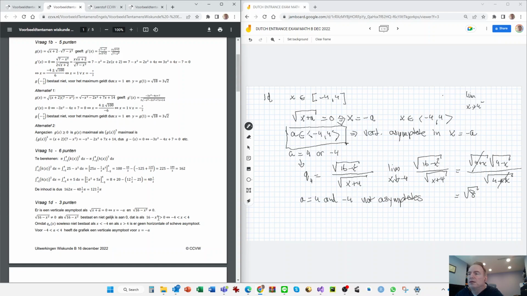In this range, it has a vertical asymptote. It's interesting that they didn't evaluate these limits here. I'm not sure if that's actually complete, but okay, I might have spent a little bit more time on it than necessary.